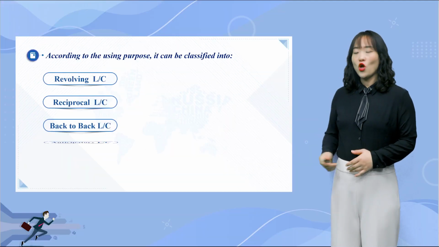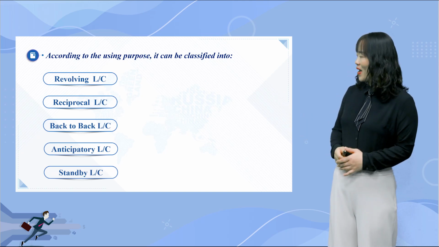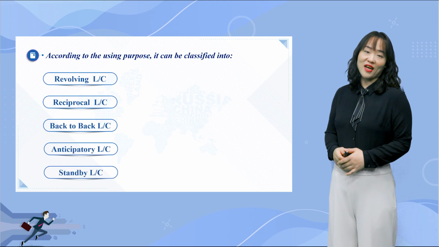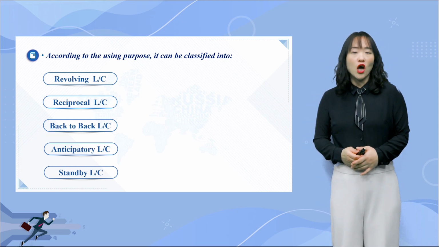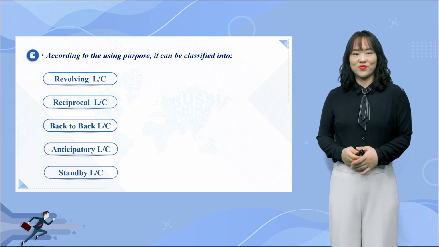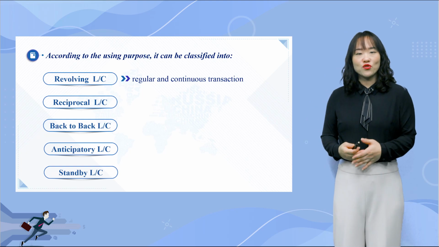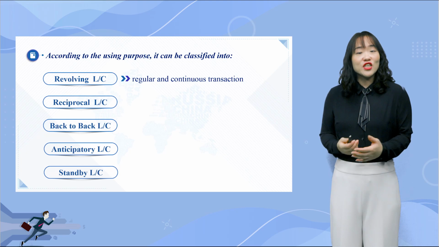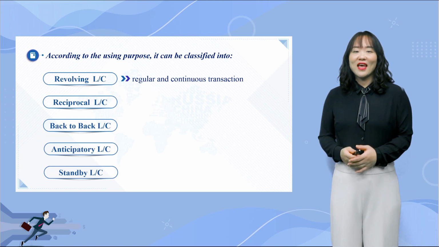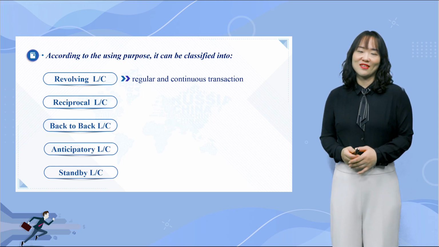The last group, revolving LC, reciprocal LC, back-to-back LC, anticipatory credit, and standby credit, are the types classified according to the using purpose. Revolving letter of credit is used when the export transaction between the same parties is regular and continuous. Credit can be availed against the one and the same letter of credit for all subsequent export transactions.